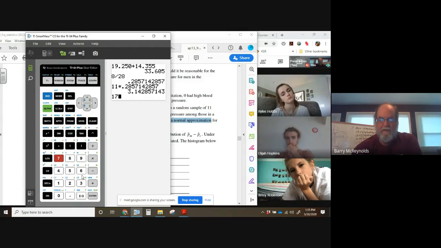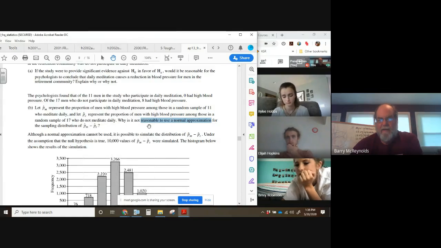So 17 times the number, 4.85. Neither of those values is greater than 10. And so because of that, we cannot make the assumption that the sampling distribution is normally distributed. So we can't use a normal approximation for this difference.